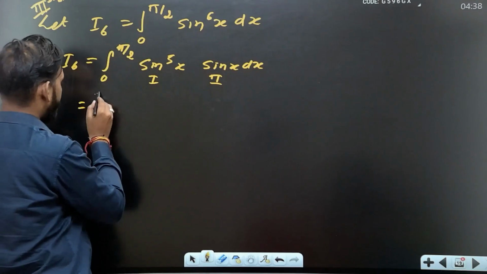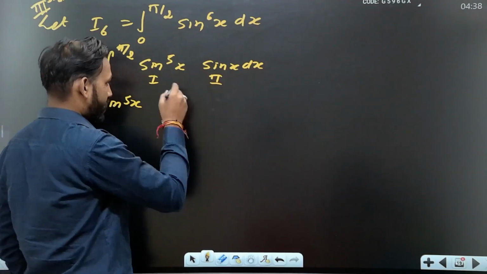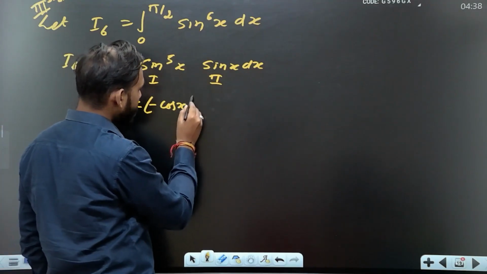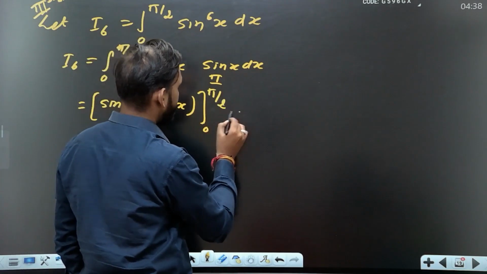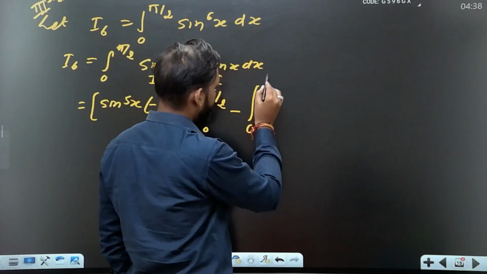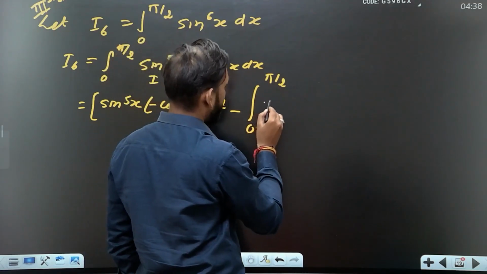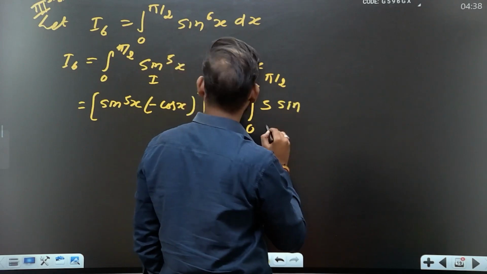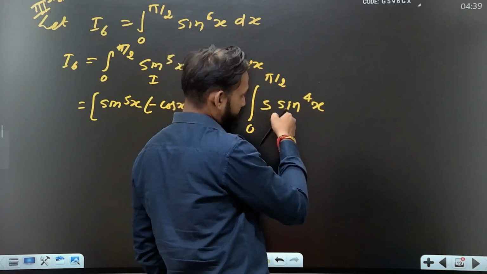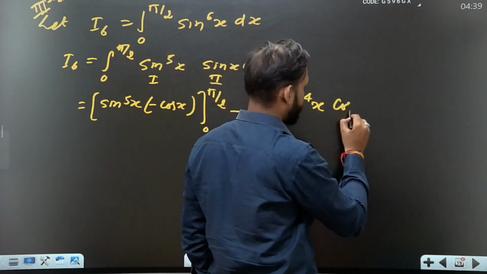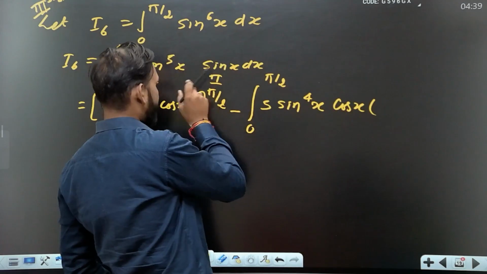We keep sine to the power 5x as it is, and the integration of sine x is minus cos x, and we put the limit 0 to pi by 2, minus the integration from 0 to pi by 2, right, of the differentiation of the first function, which is 5 sine to the power 4x times the differentiation of sine x, which is cos x, and the integration of sine x is minus cos x.